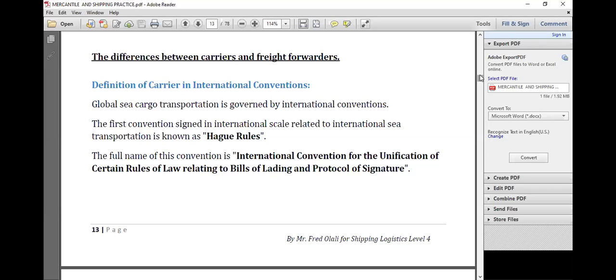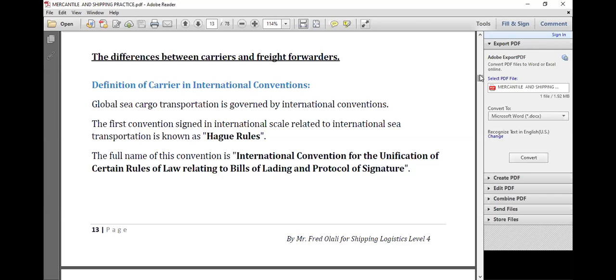So global sea cargo transportation is majorly controlled by these international conventions. The first convention signed on the international scale related to international sea transportation is known as the Hague Rules.